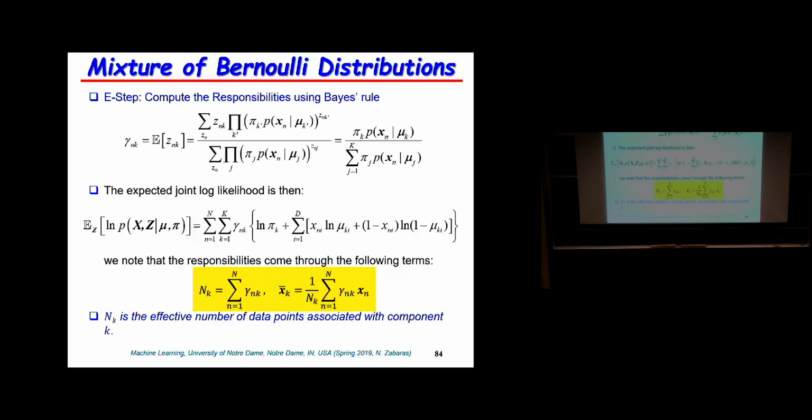So what is N_k? The same as in the Gaussian mixture. What does it say there? I know, you don't want to tell me because you are reading from a distance and I cannot see a damn thing from a short distance. All right, so N_k is the effective number of data points associated with component k.